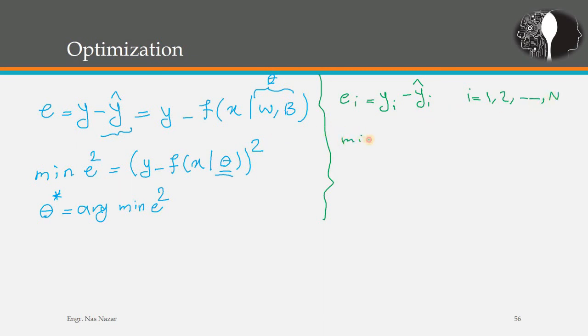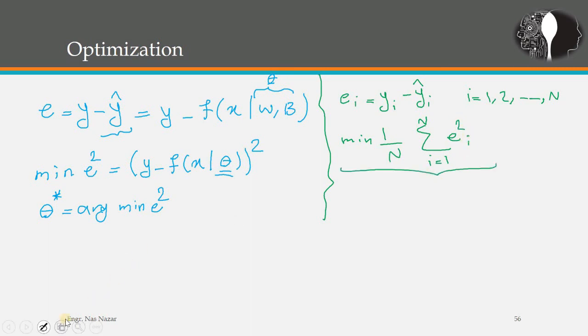Here we are looking for minimizing the error, so the mean, 1 over n, which is over the number of samples that we have, and I can simply take the sum from i equals 1 to n of E squared of i.